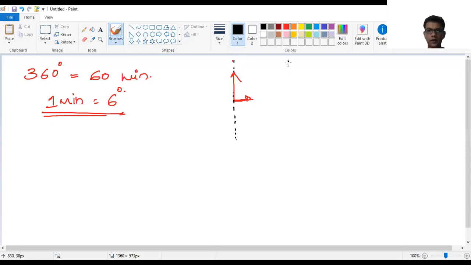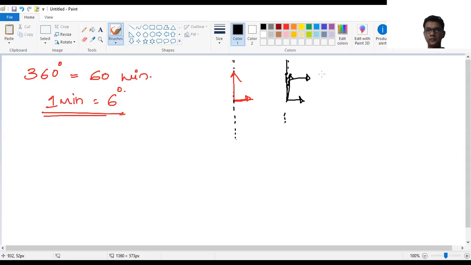But now let's assume that the time is 3:01. So what happens? The minute hand has now suddenly made an angle with respect to the vertical line, because it has moved for 1 minute. What is the angle made?